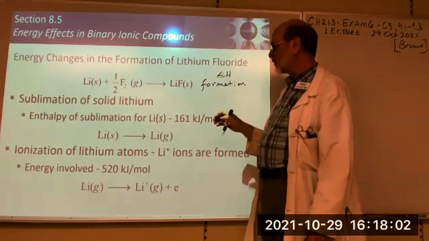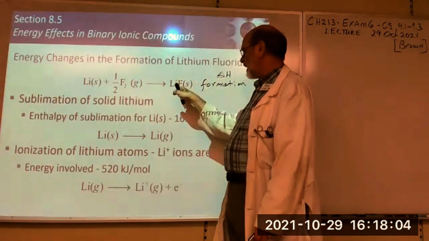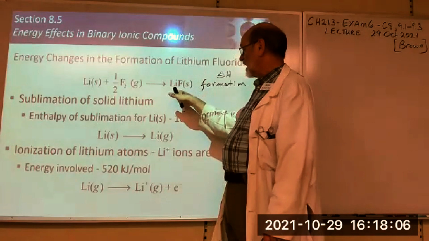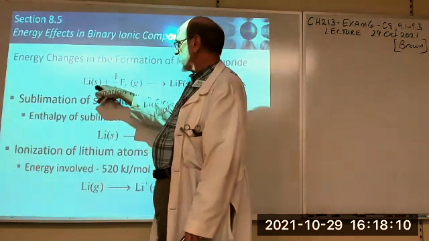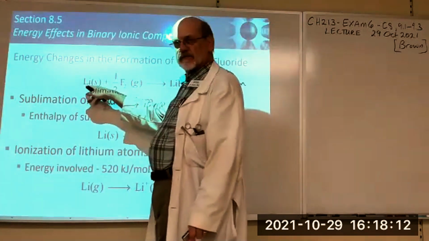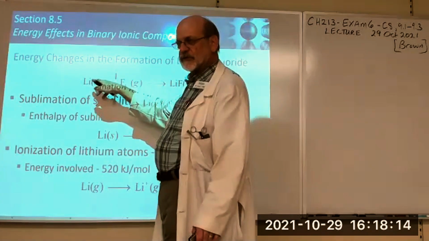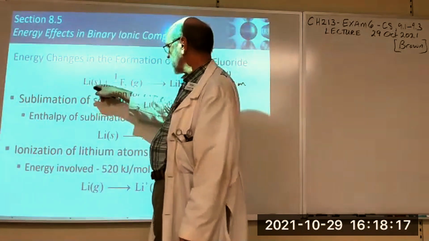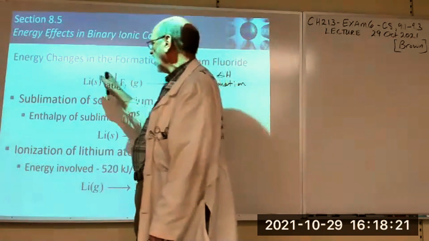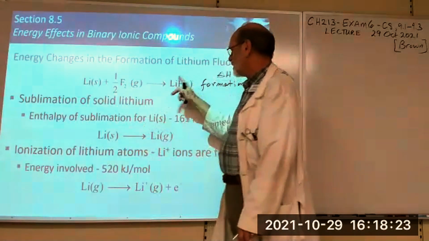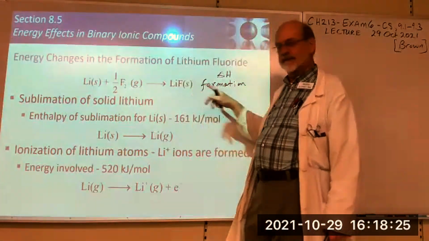I remember when we wrote those, you start with the compound, you write the compound, and then you work your way back over here, and you have to go elements in their most stable state. So that's lithium solid, difluorine gas. And then you use whatever coefficients you need to make this 1 mole. Okay.